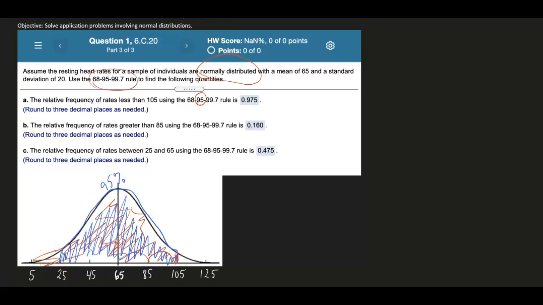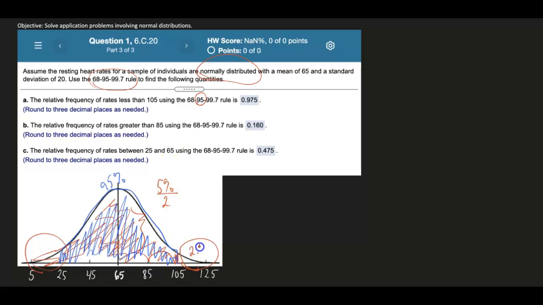So here's where I use some geometry and symmetry to figure out the rest of the problem. If 95% is in blue, what's left, which would be this tail and this tail, together are 5%. But if I want to label them each separately, I need to divide that in half.